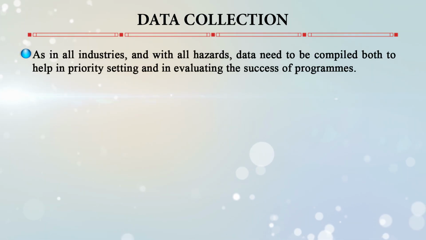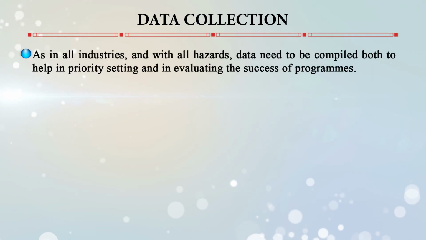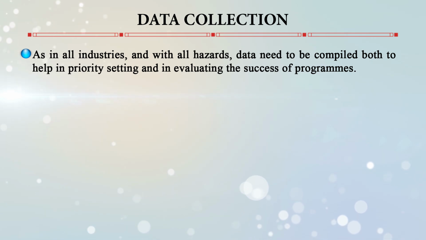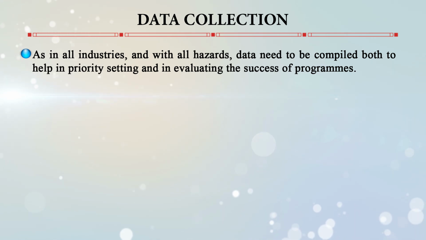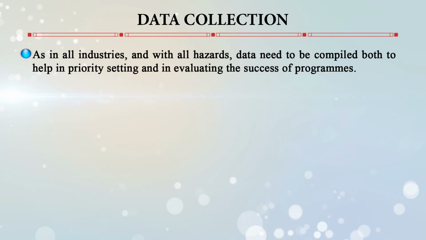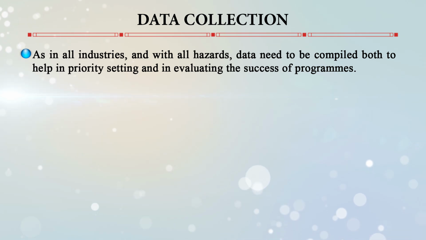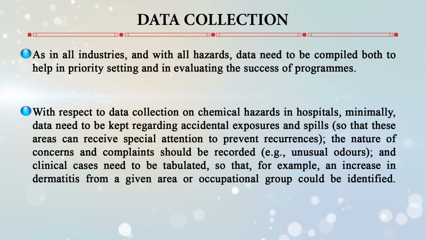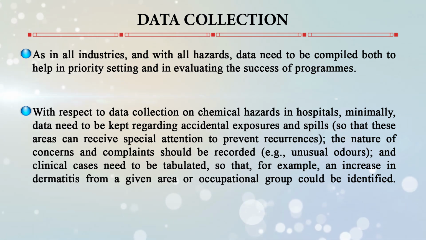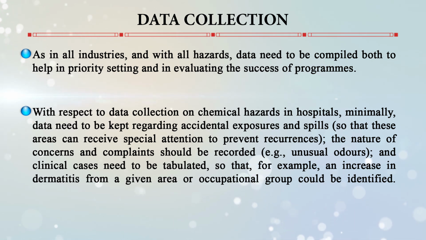Another important aspect is data collection. As in all industries and with all hazards, data needs to be compiled both to help in priority setting and in evaluating the success of the program. With respect to data collection on chemical hazards in hospitals, minimally, data should be required to be kept regarding accidental exposures and spills so that these areas can receive special attention to prevent recurrences.